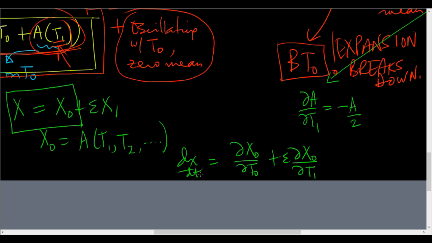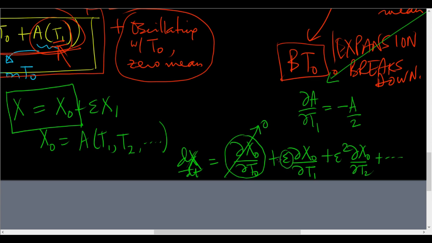So I will write this as dx dt, and this one is 0. So here is this epsilon.